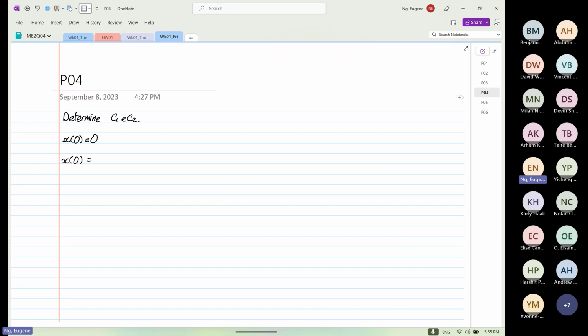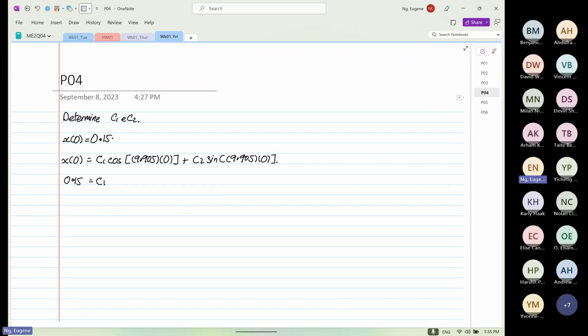So this will be equal to C1 cos 9.905 multiplied by 0, plus C2 sine 9.905 multiplied by 0 again. Sine of 0 is equal to 0. So 0.15 is equal to C1.